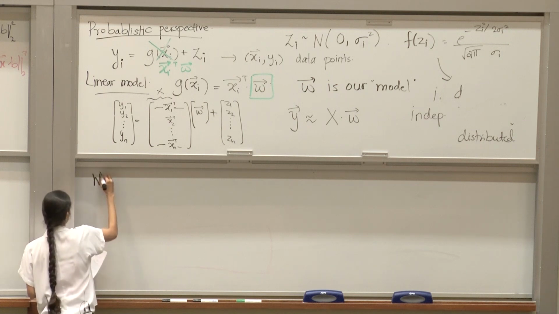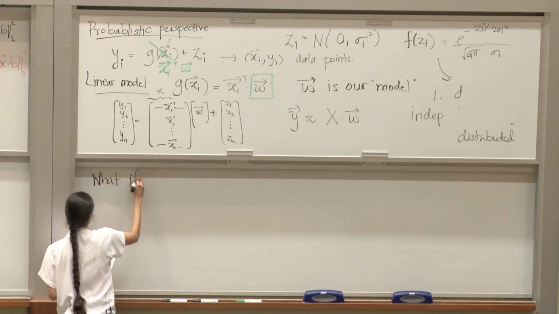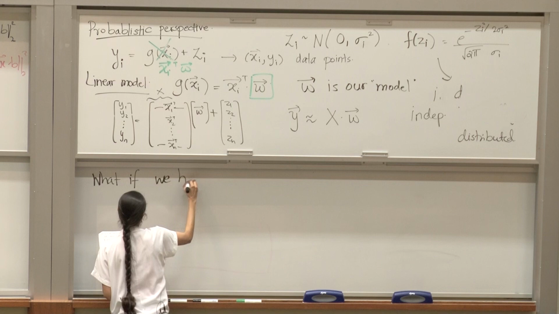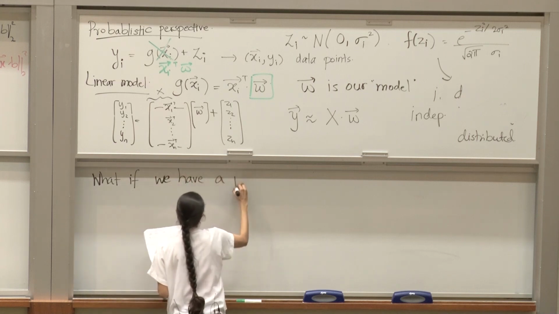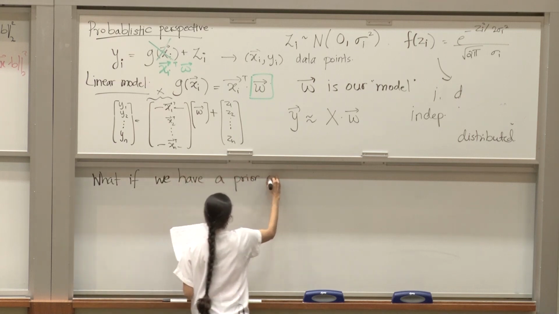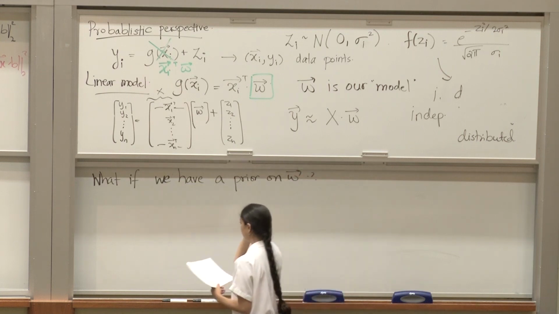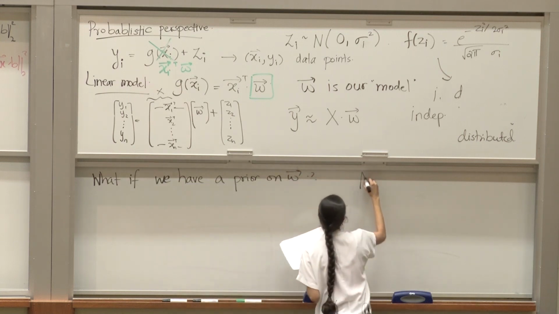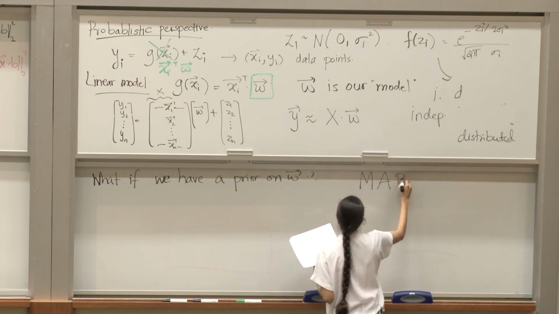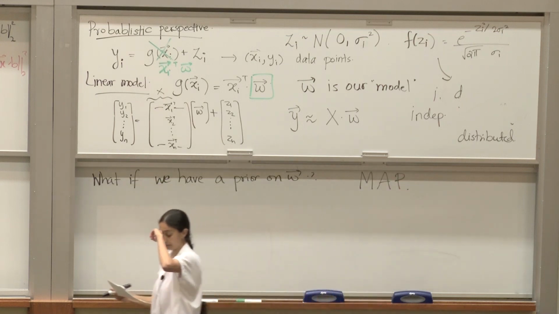So what if we have a prior on W? Now we're going to use maximum a posteriori, or MAP, estimation.